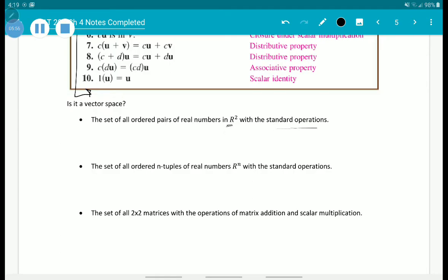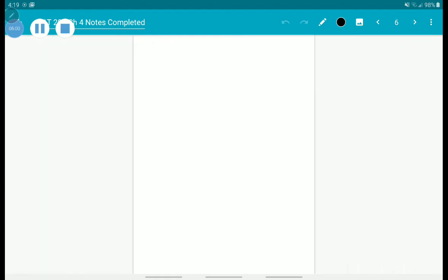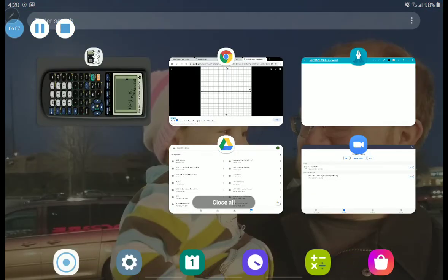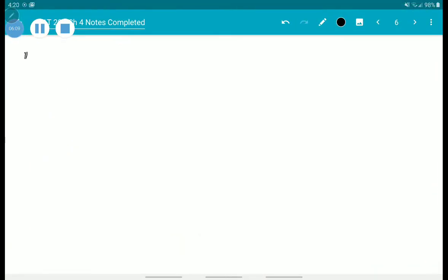And we're using the standard operations for addition and scalar multiplication. So we're just going to use the regular old addition and scalar multiplication is what that means. When we're talking about R2, then we're talking about vectors that have two components. So let's come up with some vectors, and we're using generic vectors.